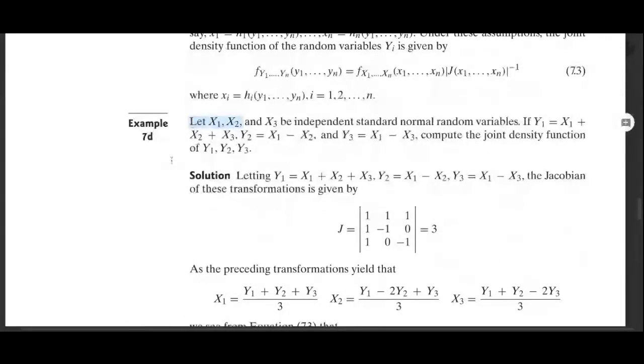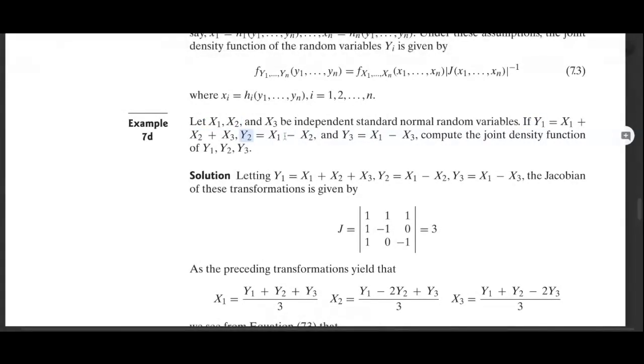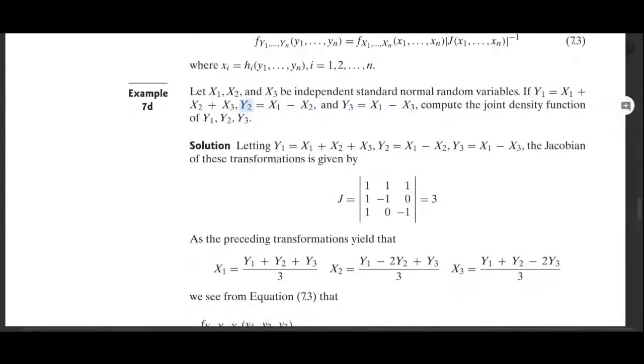Let's see this example. We have x1, x2, x3, independent standard normal random variables. Let y1 be the sum of those three, y2 be x1 minus x2, y3 be x1 minus x3. Compute the joint density function of y1, y2, y3. So we can calculate the Jacobi, right?